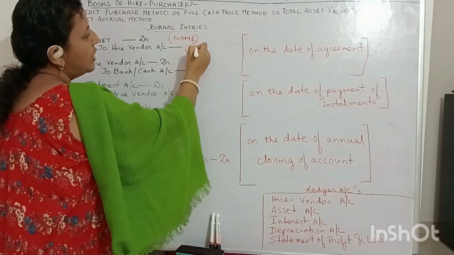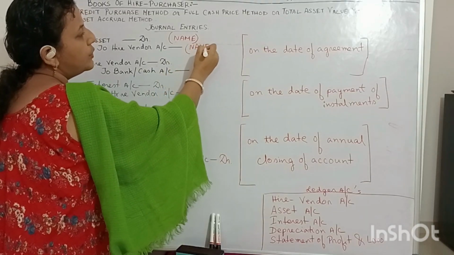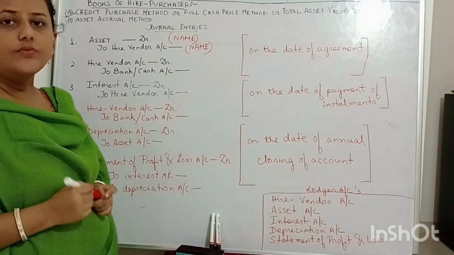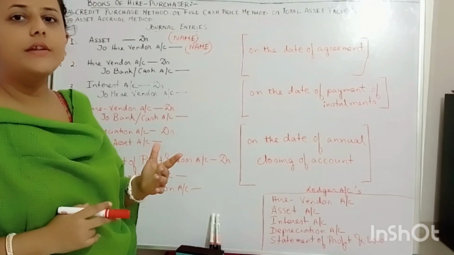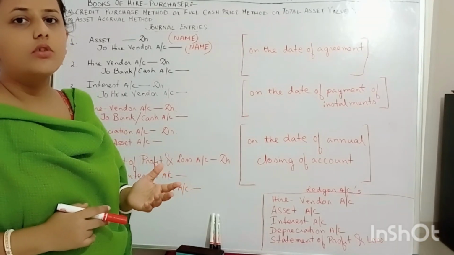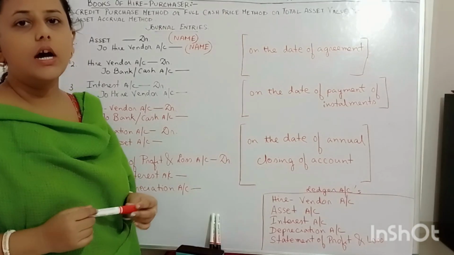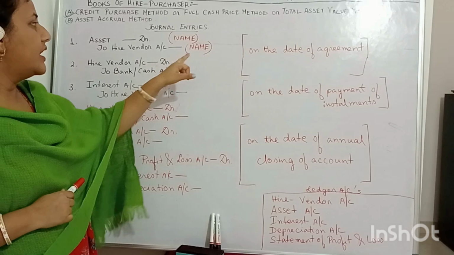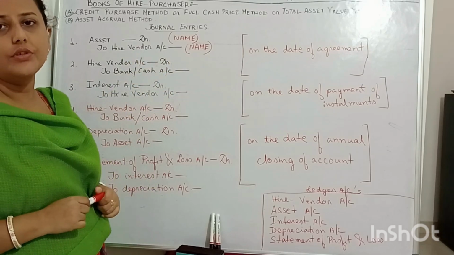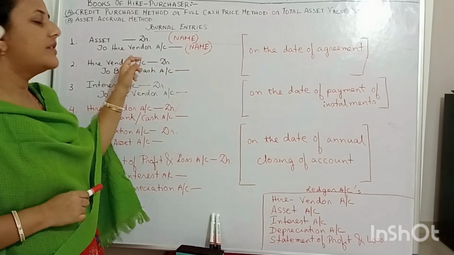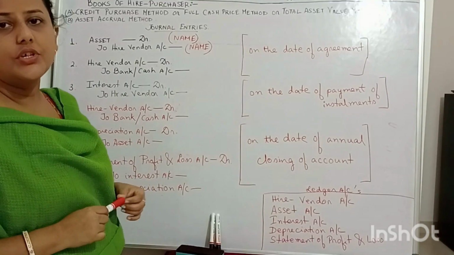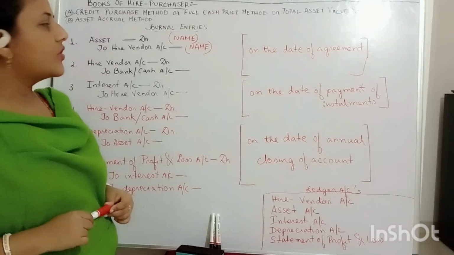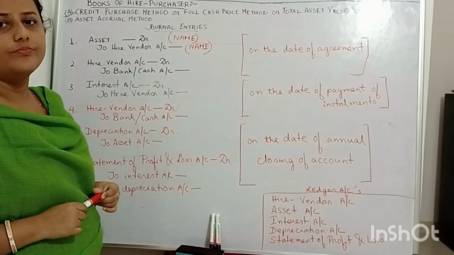Hire vendor here is a liability for the hire purchaser, because under hire purchase system the payment is not made immediately. So it becomes a liability for the hire purchaser. The name of the hire vendor should be mentioned. We know when liability increases it should be credited, so to hire vendor account.